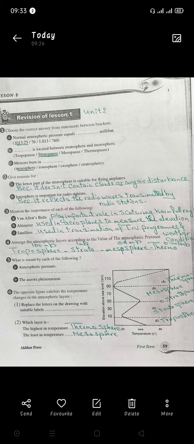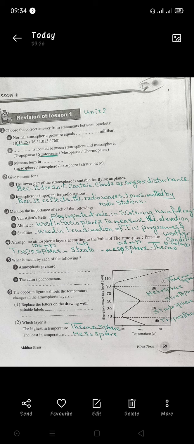Point number B, the definition of the aurora phenomenon. It is a phenomenon that appears as brightly colored light curtains seen at both the north and south poles of Earth.